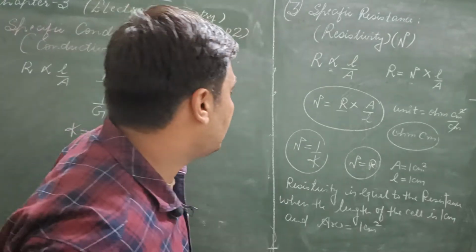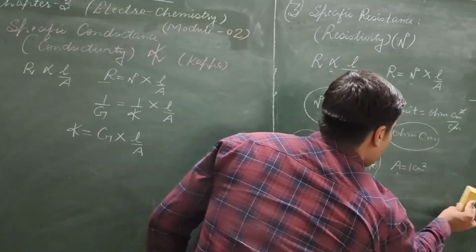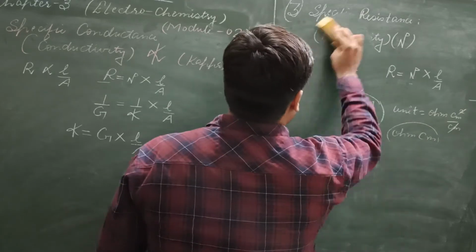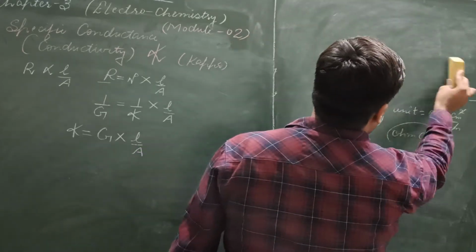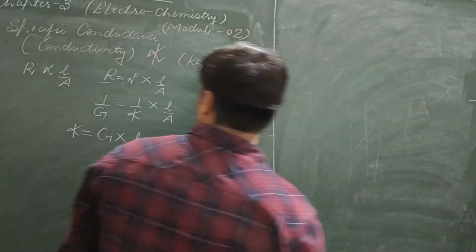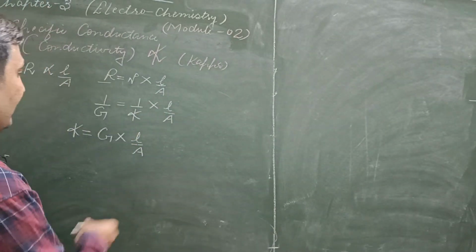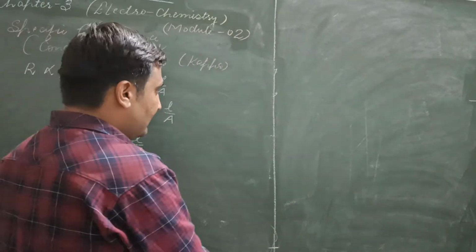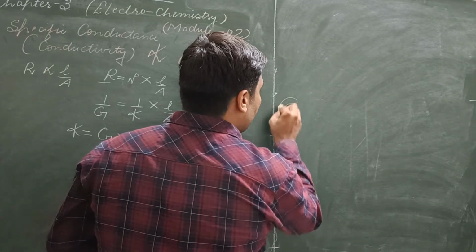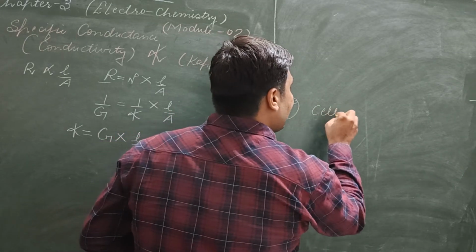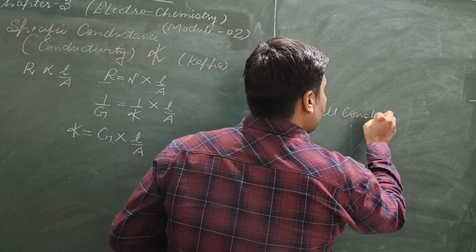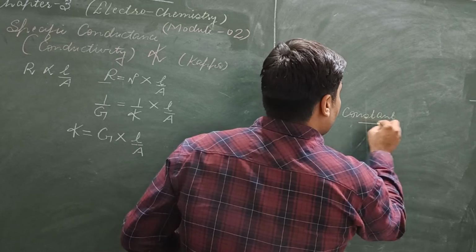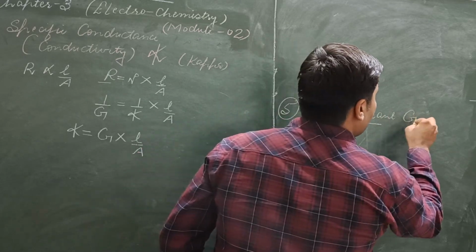Now, if we are talking about L by A, let's shift to this term also. This is named the cell constant. This is shown by G star.